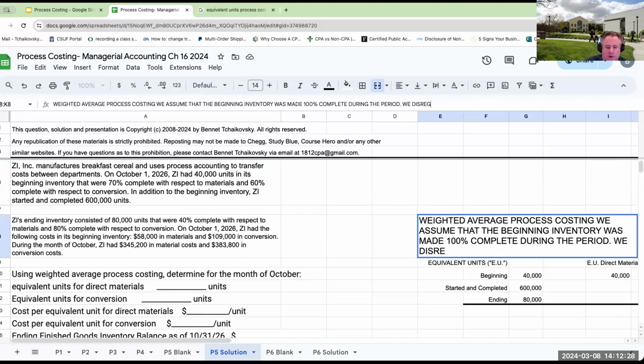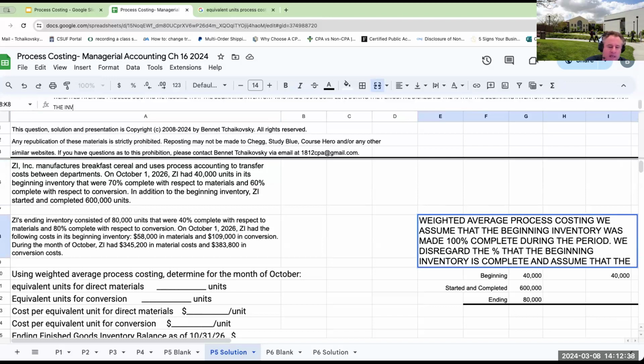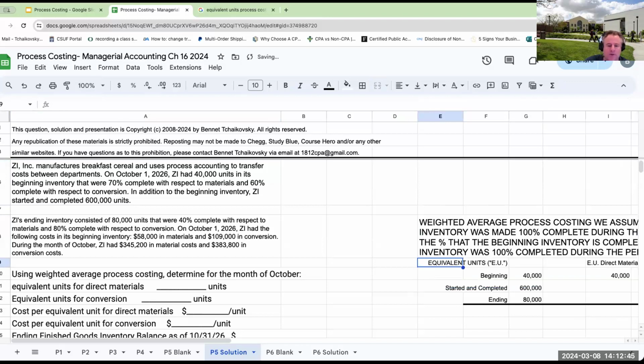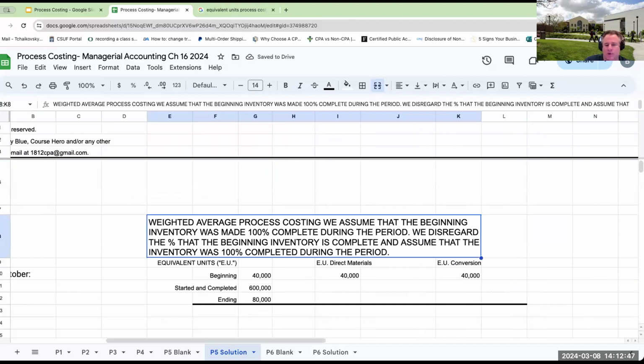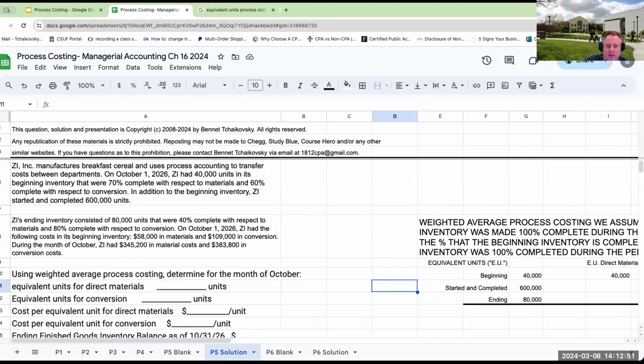We disregard the percent that the beginning inventory is complete and assume that the inventory was 100% completed during the period. So we disregard the beginning amount.